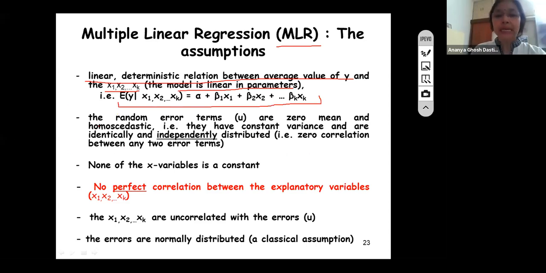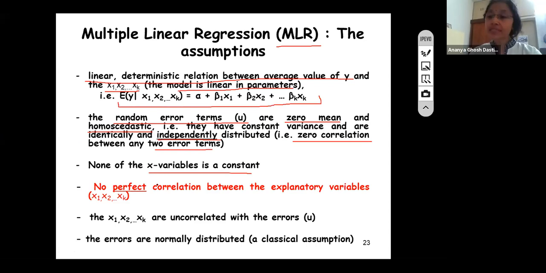Now, remember, most of our assumptions are about the random error terms. They remain the same. These are zero mean. They are constant variance, or homoscedastic. They are independently distributed, with zero correlation between the error terms. None of the x variables must be a constant.